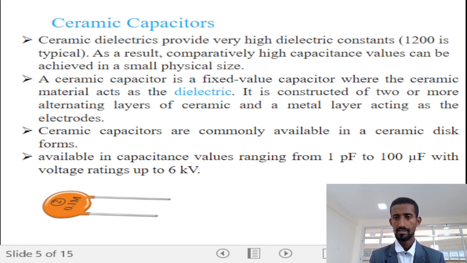A ceramic capacitor is a fixed value capacitor where the ceramic material acts as the dielectric. It is constructed of two or more alternating layers of ceramic and a metal layer acting as electrode.